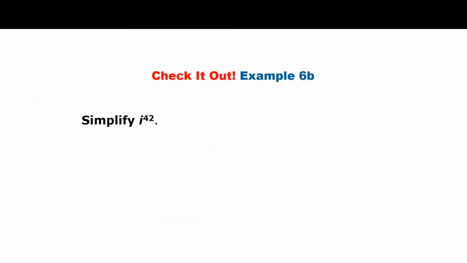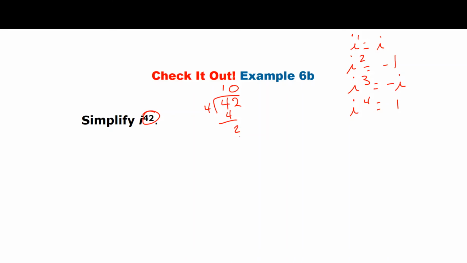Okay, here's another example. Give it a try on your own. All right, you may remember that i to the 1st power equals i, i to the 2nd power equals -1, i to the 3rd power equals -i, and i to the 4th power equals 1. So here I have i to the 42nd power, so I'm just going to take 42 and divide it by 4, that'd be 1, that'd be 2, that's 0.